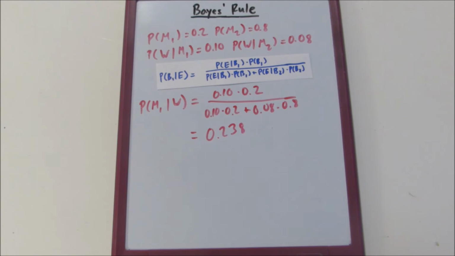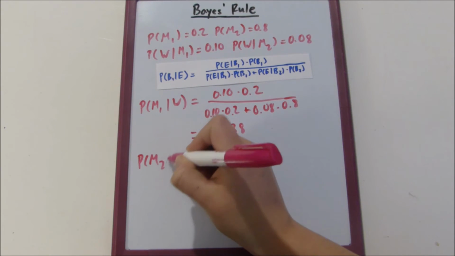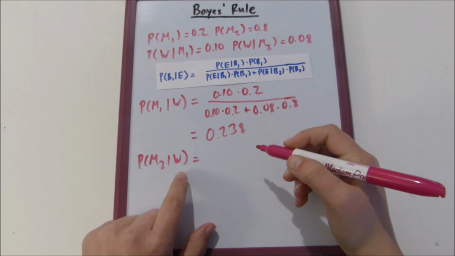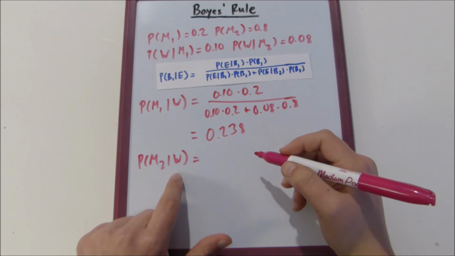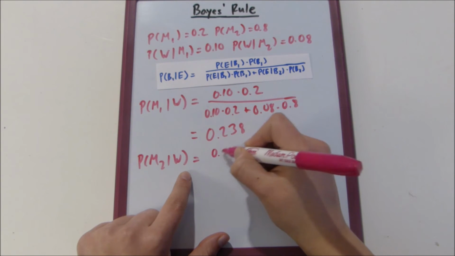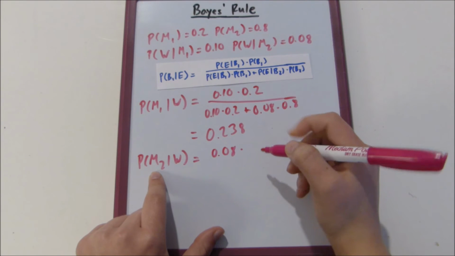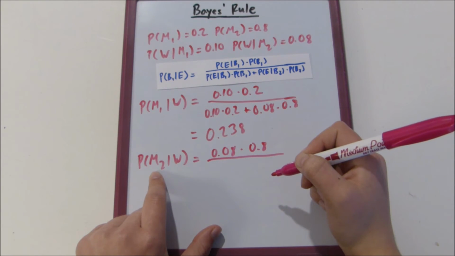Cool. Now let's solve for the other one. What's the probability that Martha watched weatherman 2 given that he was wrong? Probability of man 2 given wrong. So now we have to pick out that information. What's the probability that he's wrong given that it's weatherman 2 is 0.08 times what's the probability of Martha watching weatherman 2? 0.8, all over.